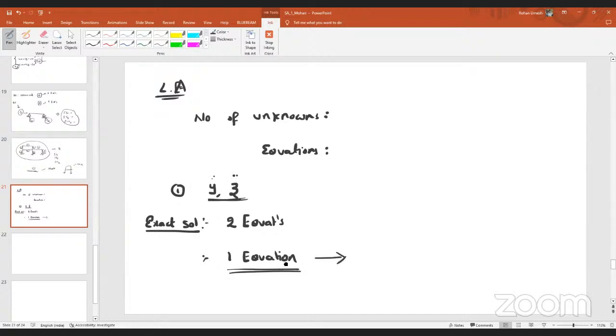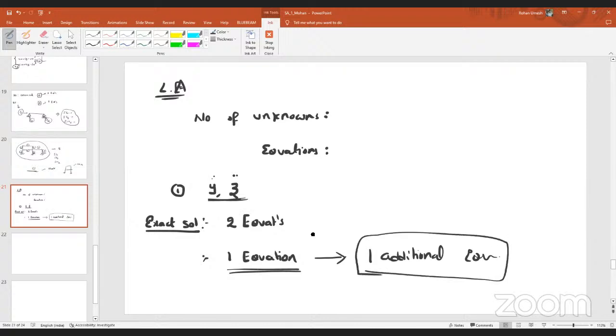If only 1 equation is available, we don't get any solution for y and z. So how many additional equations do we need? We need 1 additional equation. Why? Because we are having 2 unknowns, and 1 equation we already have.